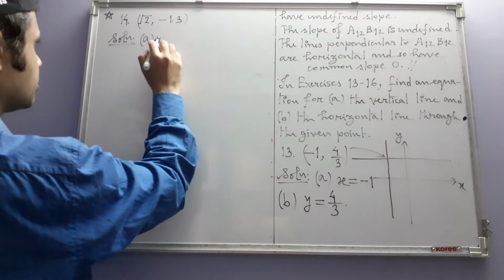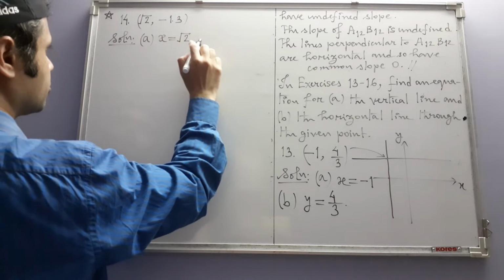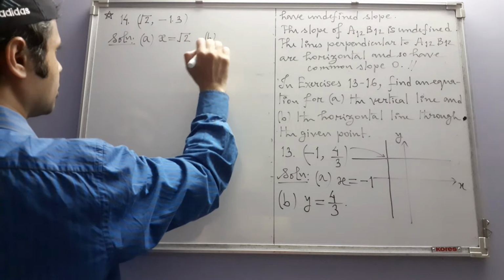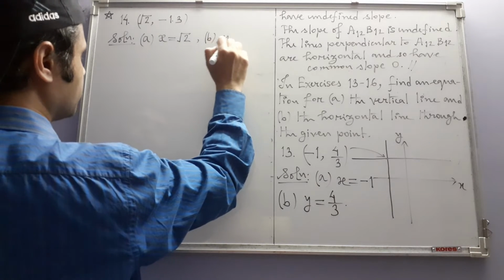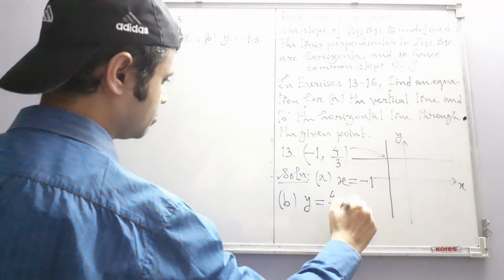So here also the vertical line has the equation x equal to square root of 2, and the horizontal line has the equation y equal to minus 1.3.